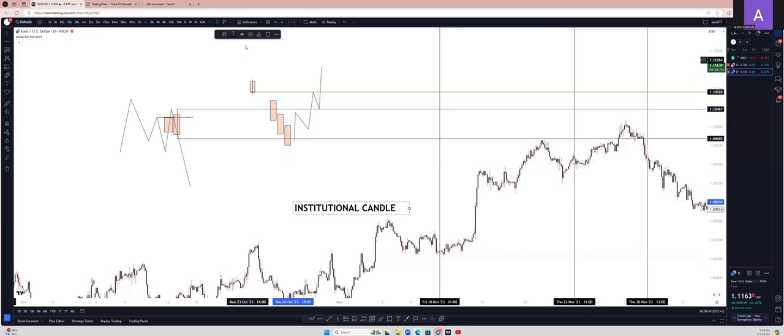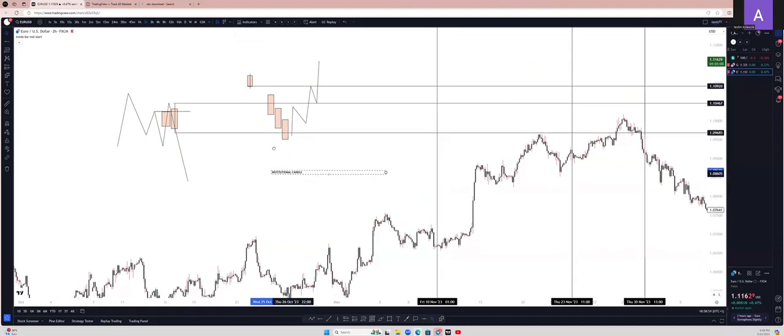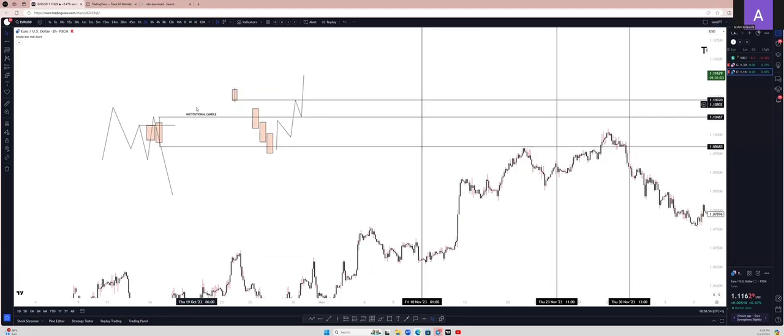right? That candle is what they call the institutional candle. This particular candle is the institutional candle. So you don't just neglect the candle because you are trying to select an order block.